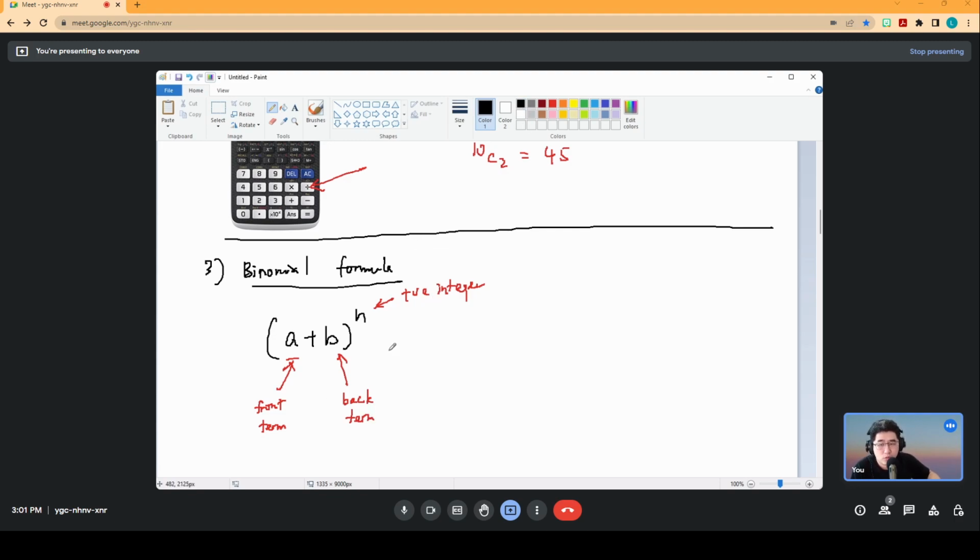It will equal the summation from r equals 0 to n of nCr, the front term powered by n minus r, and the back term powered by r. So nCr, a to the power n minus r, b to the power r.